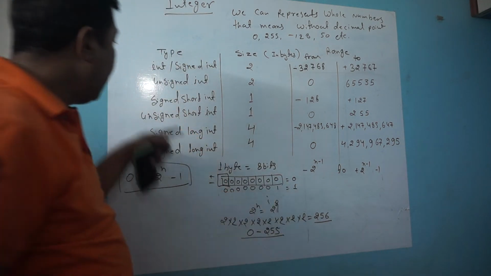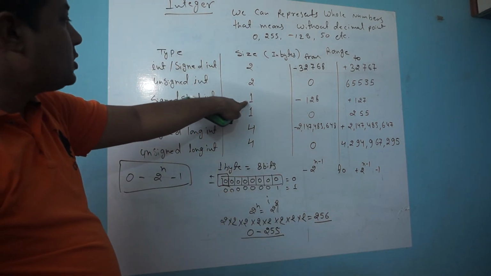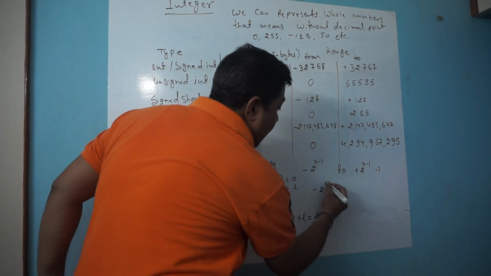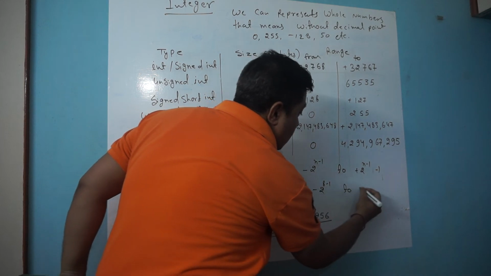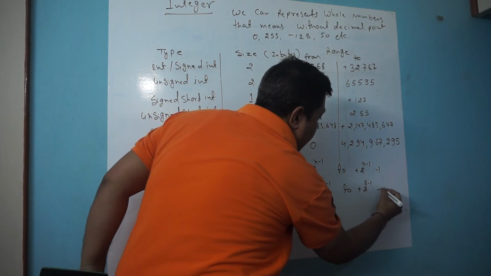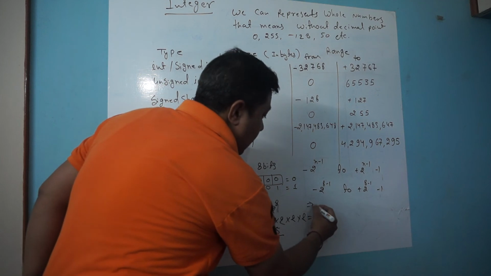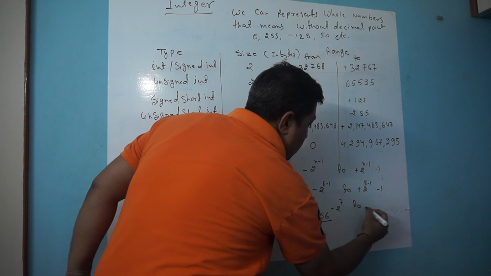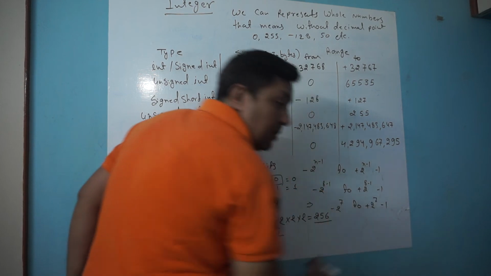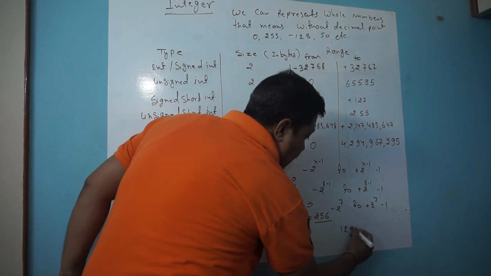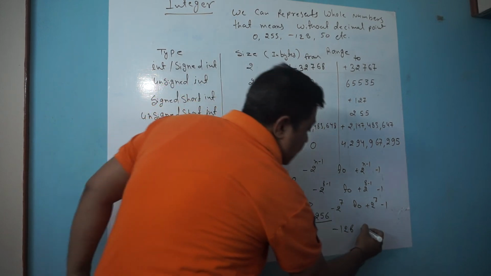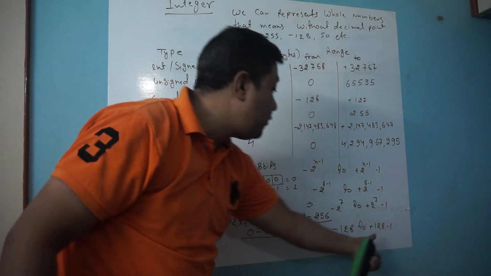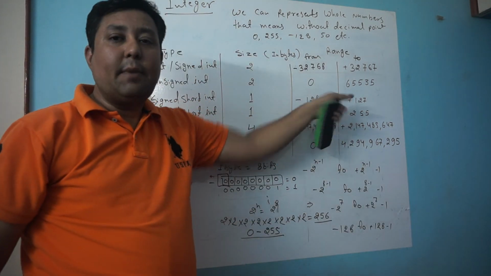So if we are taking signed short integer, which takes 1 byte of storage, that means minus 2 to the power 8 minus 1 to plus 2 to the power 8 minus 1, minus 1. When we simplify this, it is minus 2 to the power 7 to plus 2 to the power 7 minus 1. That is minus 128 to 128 minus 1, that is 127, as we are showing in this table.